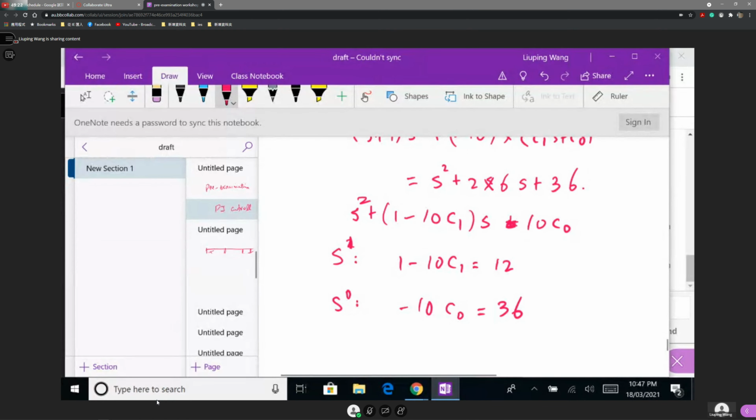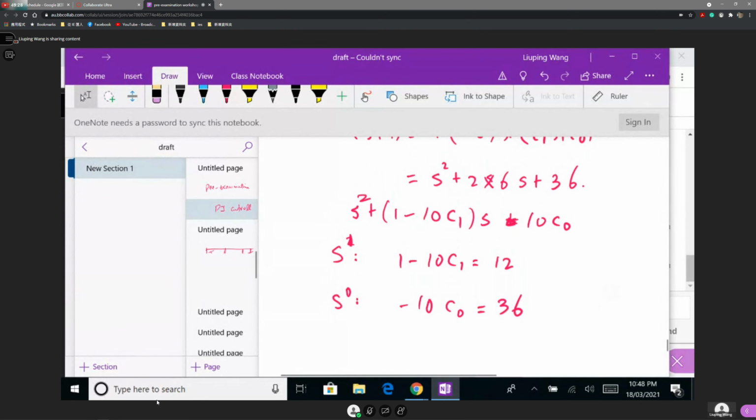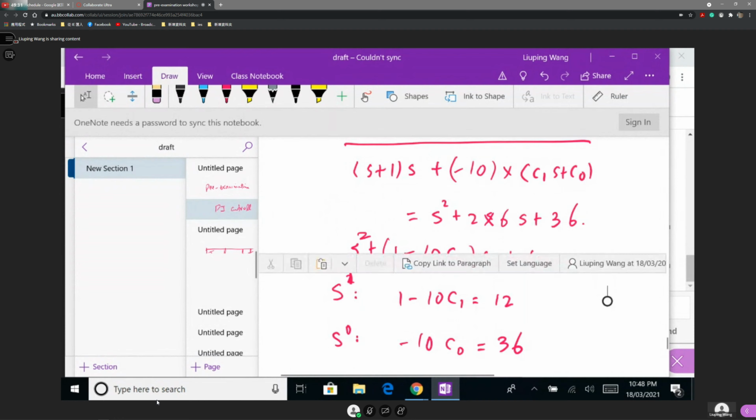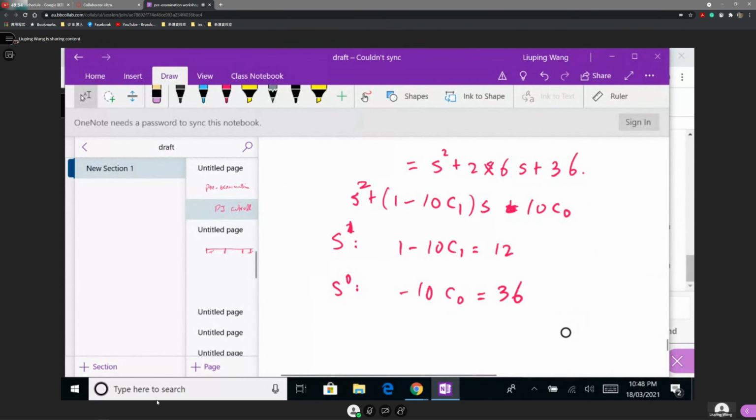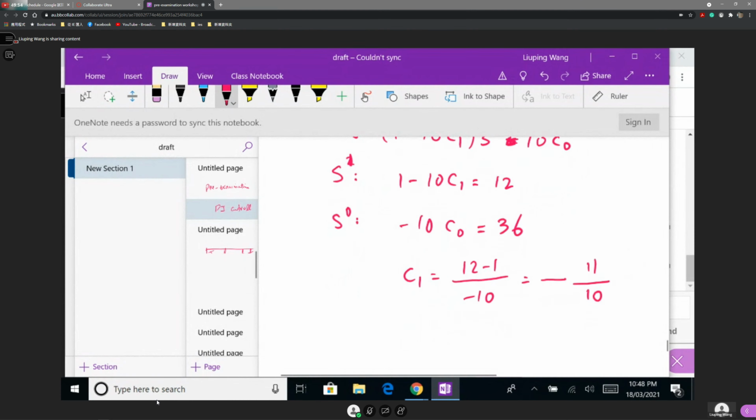So C1 is equal to 12 minus 1, divided by minus 10. That gives you minus 11 over 10. And C0 equal to minus 36 over 10, right?